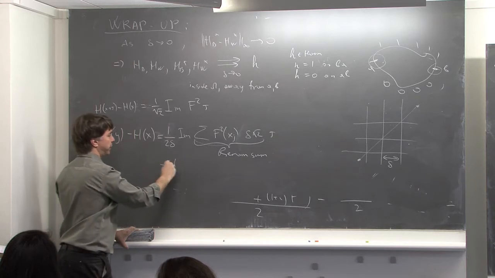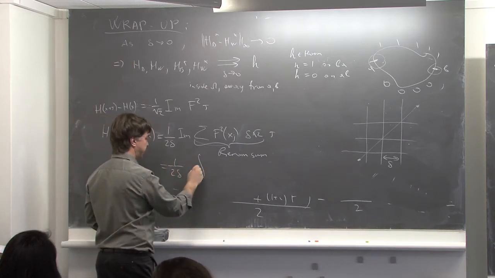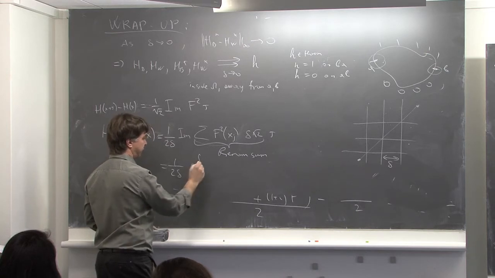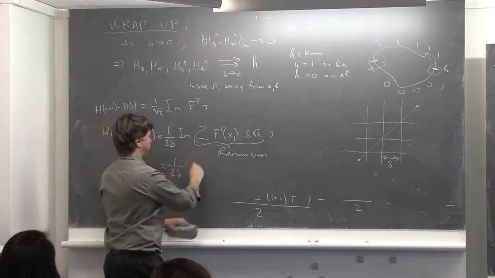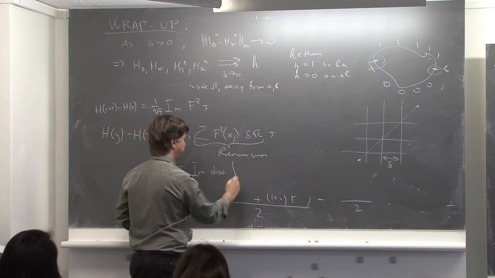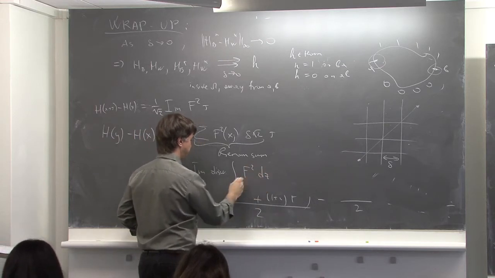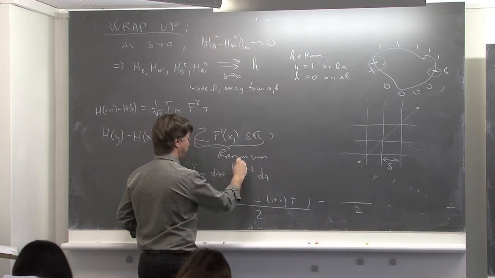So it's sort of a discrete version. Let me just write that this is discrete. So I write delta integral, imaginary part of the discrete integral of f squared dz from x to y.